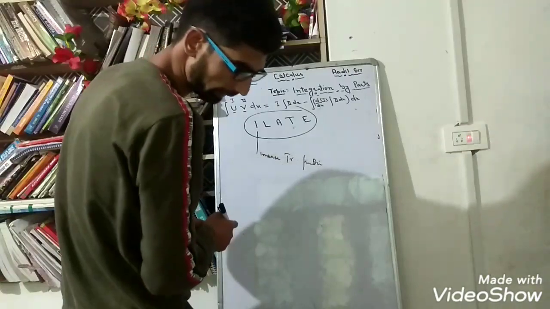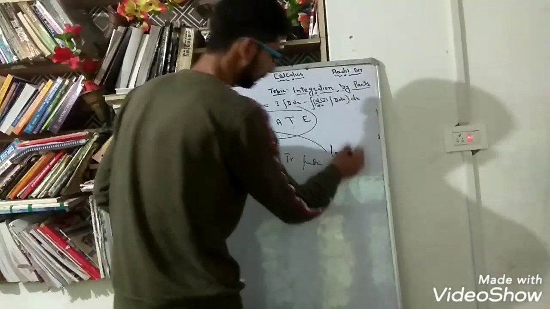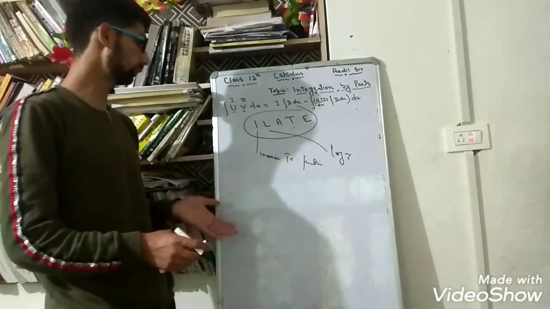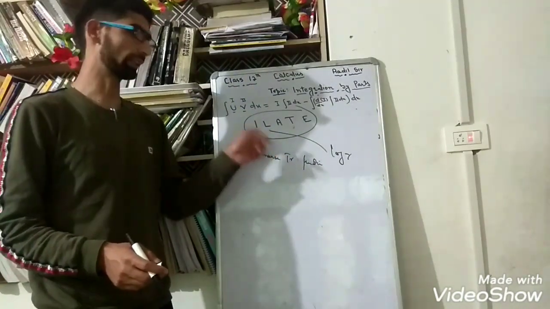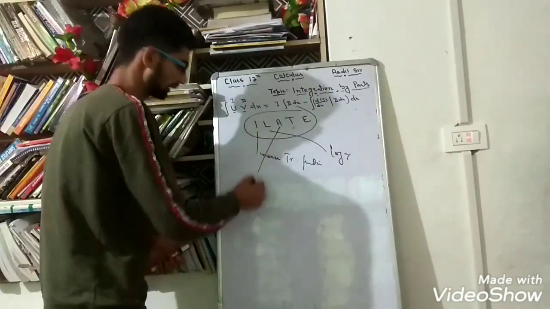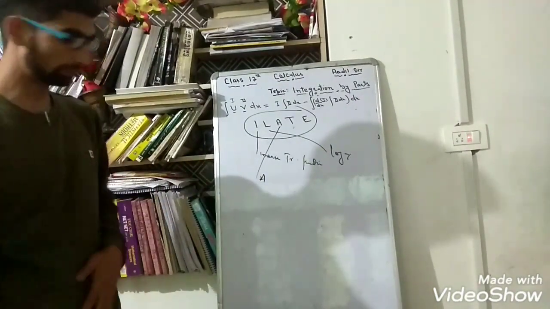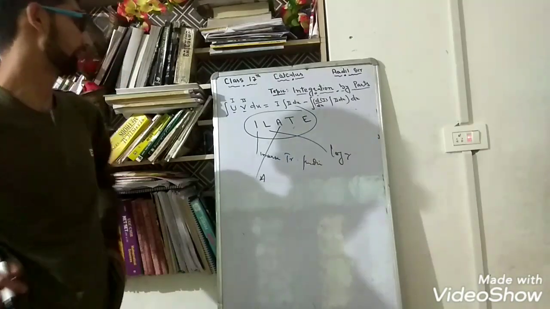And second is L, that is logarithm. If one of the two is a logarithm function, then we consider the logarithm function as the first function. And after that there is A, that is algebraic.